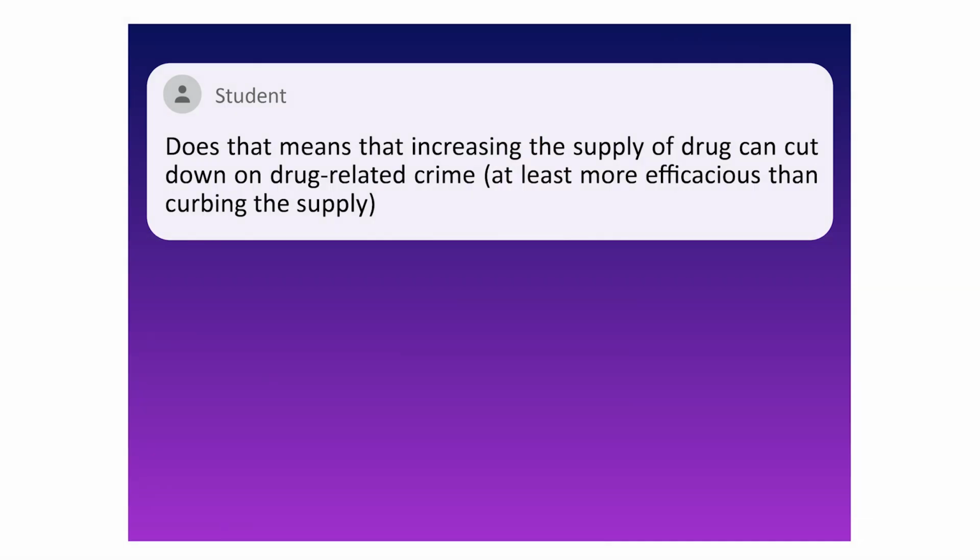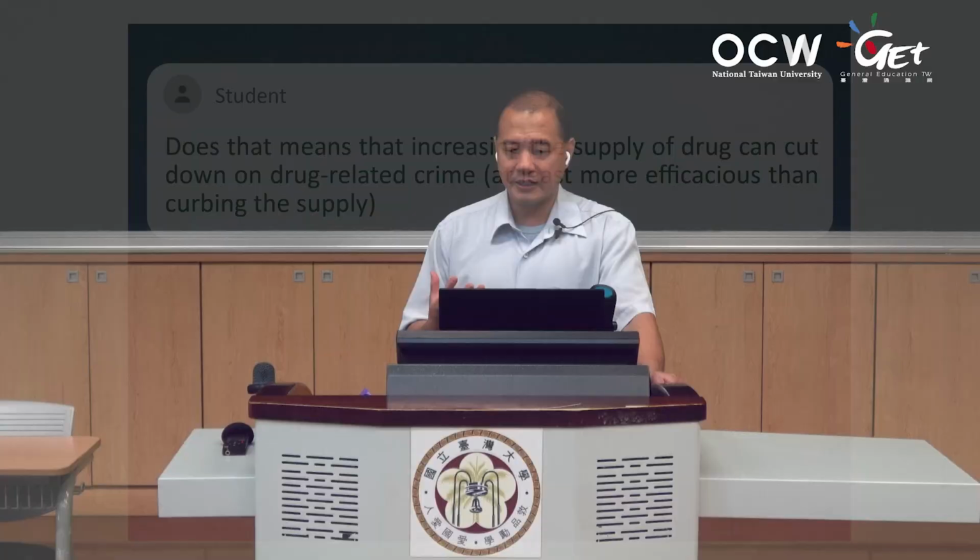Does that mean that increasing the supply of drugs can cut down on drug-related crime? At least more effective than curbing the supply? Yeah, so one thing that's counterintuitive is that in the war on drugs, actually providing the drugs could be a solution. Actually, one of the main ways that people deal with heroin addiction is to give these drug addicts a substitute to heroin.